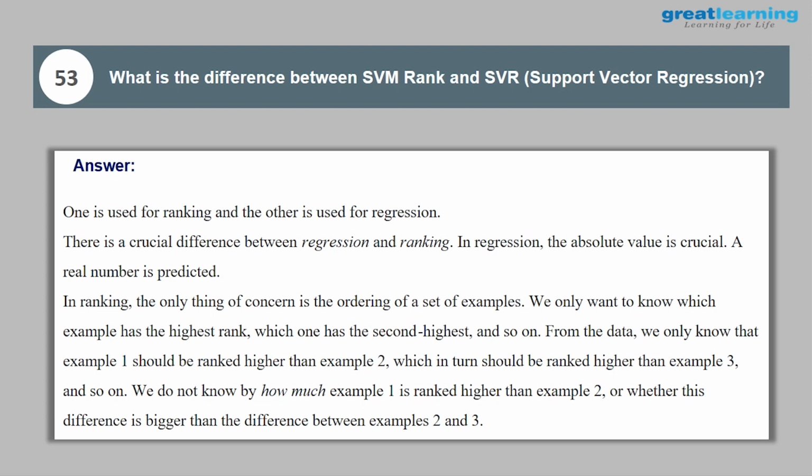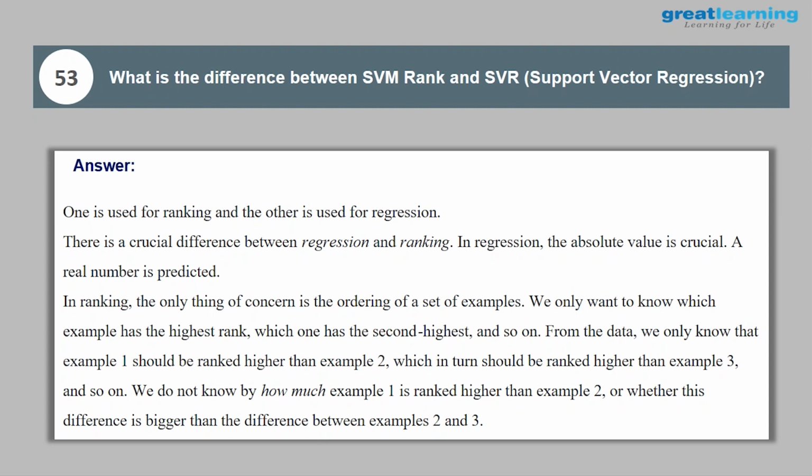But in the case of ranking, the only thing of concern is the ordering of a set of examples. We only want to know which example has the highest rank, which one has the second highest, and so on. From the data, we only know that example 1 should be ranked higher than example 2, which in turn should be ranked higher than example 3, and so on.